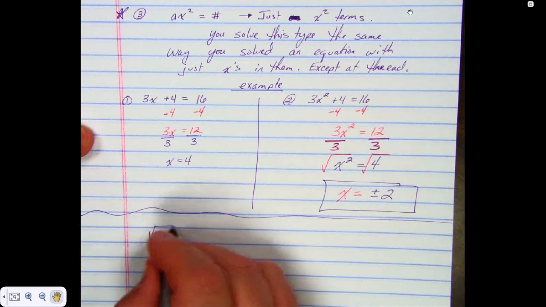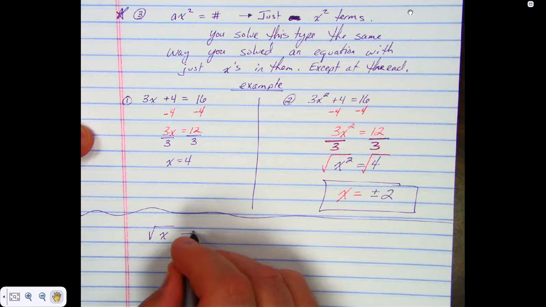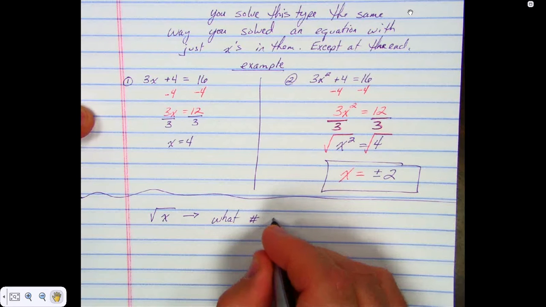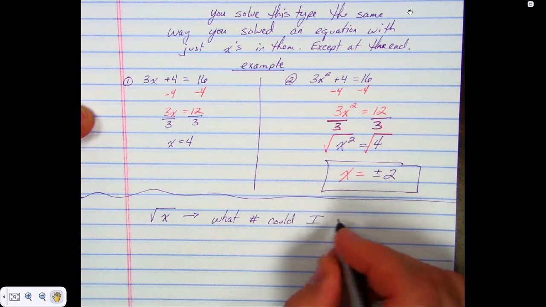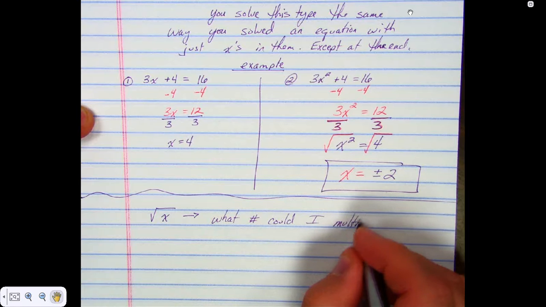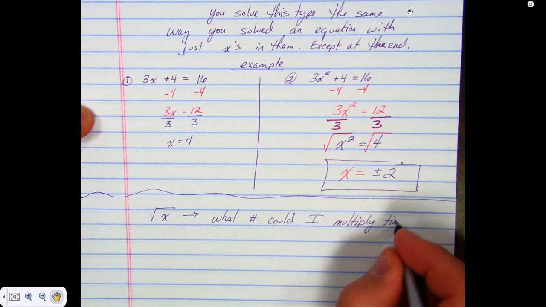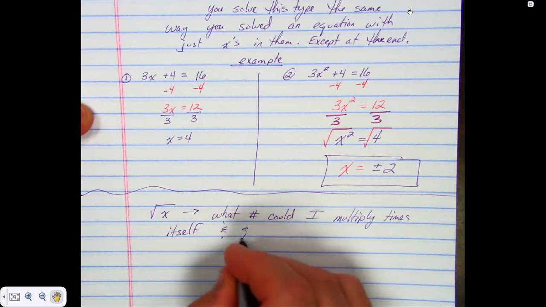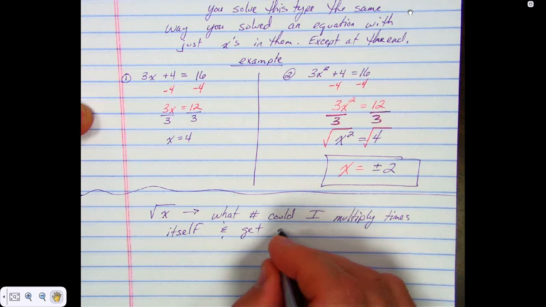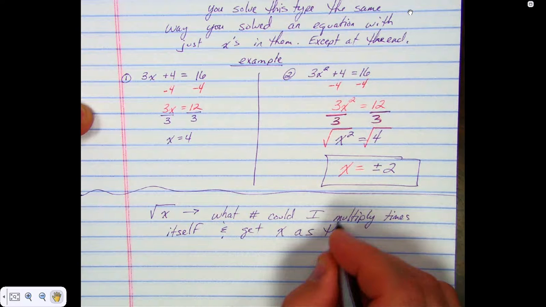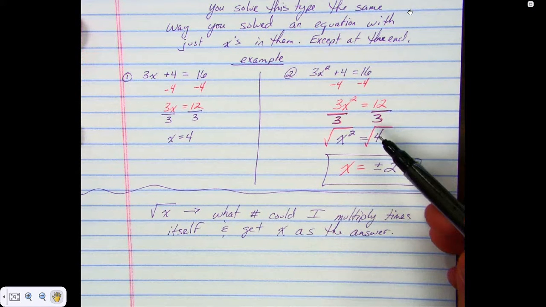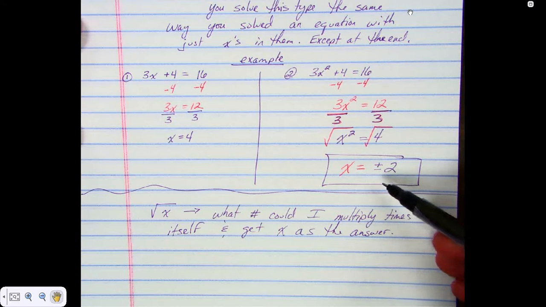In review, just remember, this is asking this question: what number could I multiply times itself and get x as the answer? So right here, what number could I multiply times itself and get 4 as the answer? A positive 2 or a negative 2.